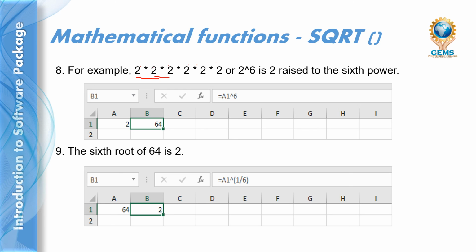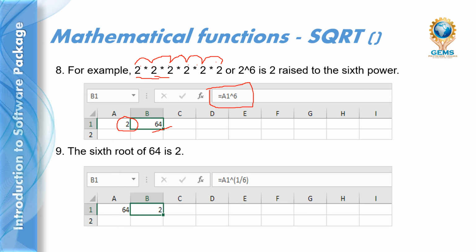The syntax is equal to A1 to the power of 6. So 2 to the power 6: 2 into 2 is 4, 4 into 2 is 8, 8 into 2 is 16, 16 into 2 is 32, 32 into 2 is 64. So the answer is 64.